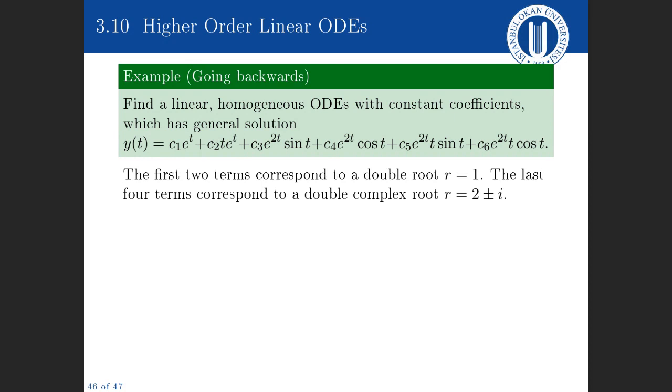And then let's look at the last four terms. Those are all e to the power 2t, and then sine t or cos t or t sine t or t cos t. These all correspond to 2 plus i or 2 minus i.